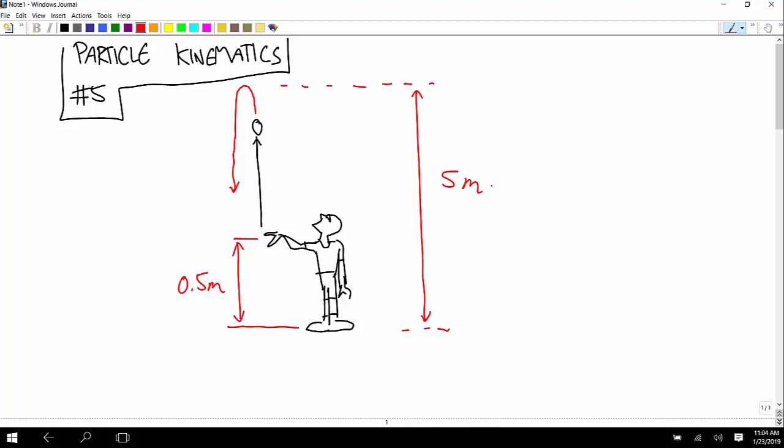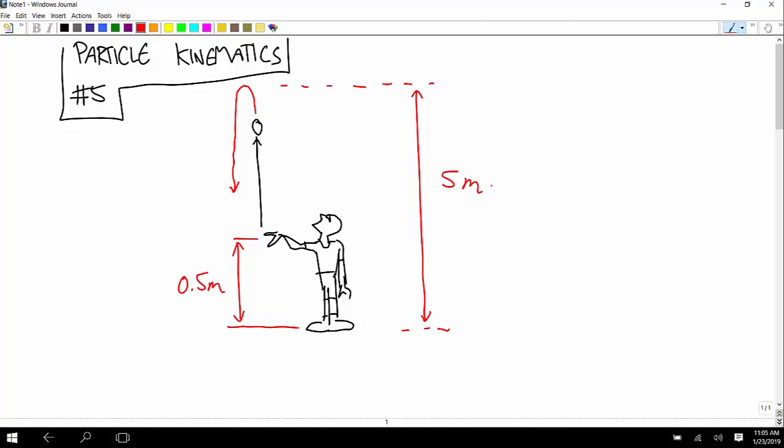If you have free fall, so if air resistance is negligible, and that's a big if, but we're always assuming that in these calculations, then whatever the velocity was at the instant it was released in the positive direction up, when it comes back down it's going to have the same magnitude, the same speed, just in the opposite direction.